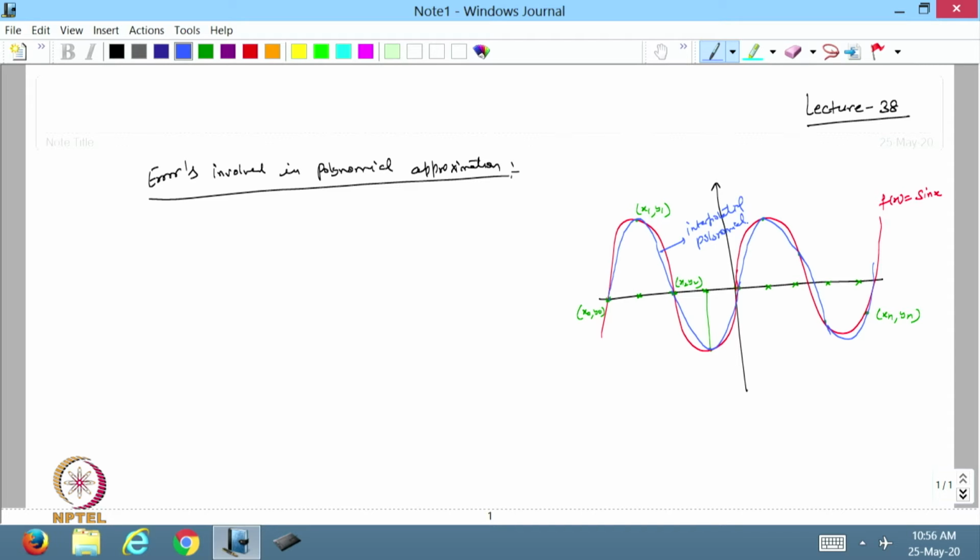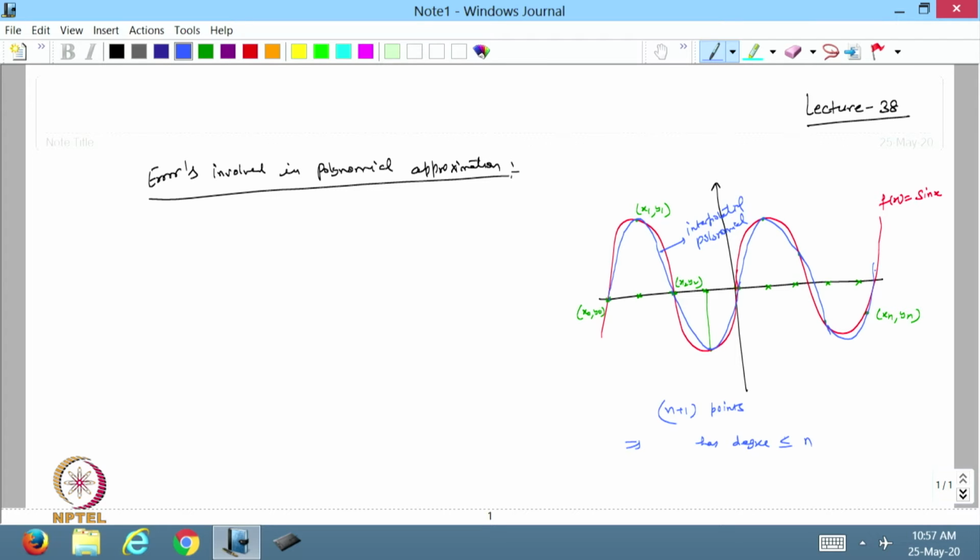and I know that if I have n plus 1 points, this implies that the interpolating polynomial has degree less than or equal to n. So, now this is my interpolating polynomial, and this red one is the actual function.